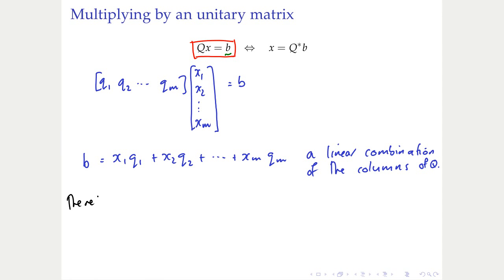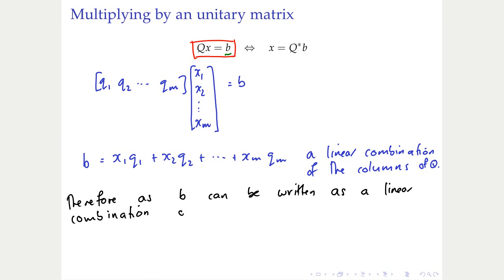Therefore, b can be written as a linear combination of the columns of Q with coefficients x.